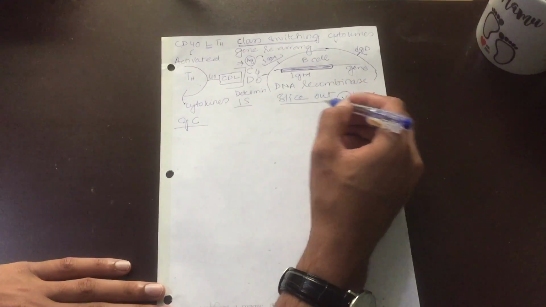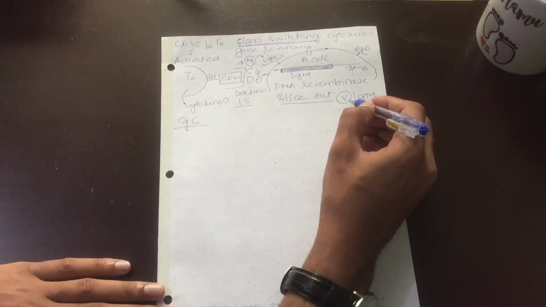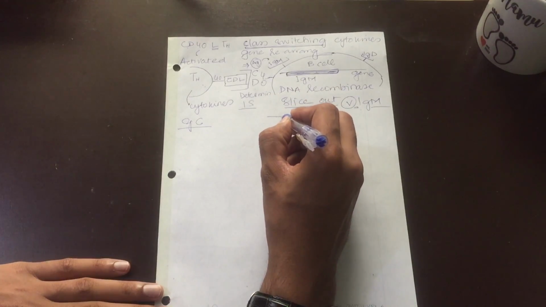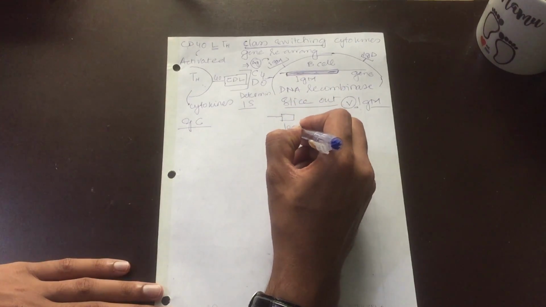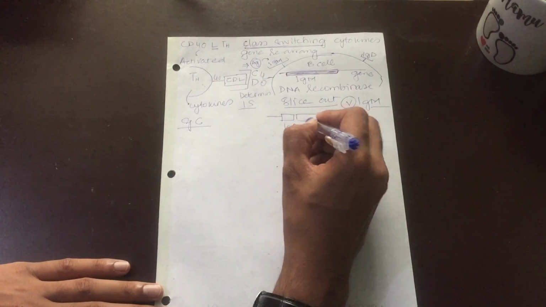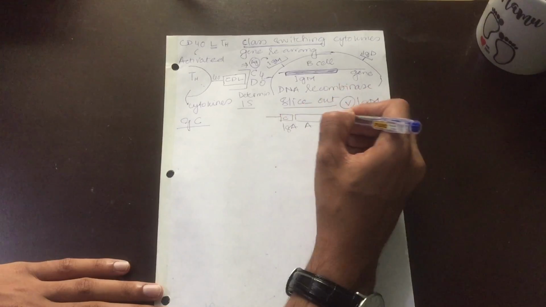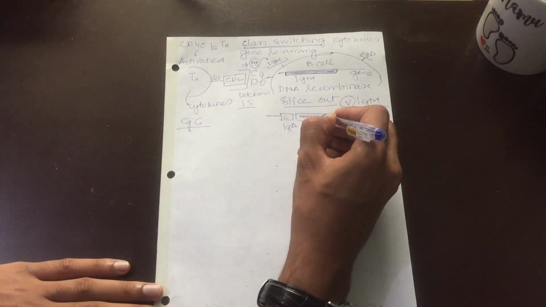Now it has, let's suppose, the genetic code for IgA. So this is the constant region, this codes for IgA.